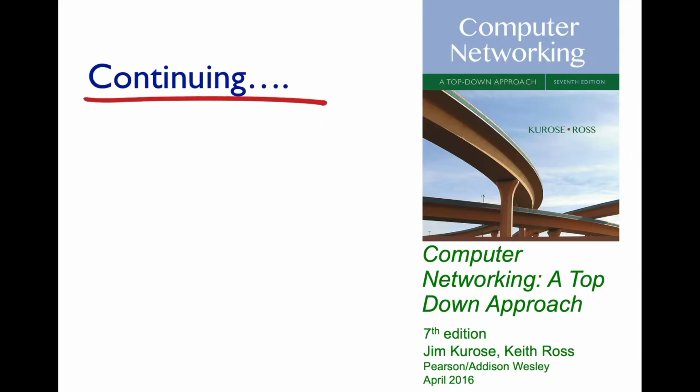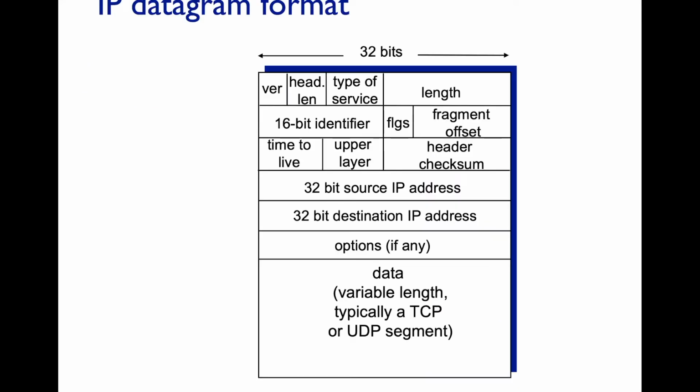Okay, and they're reassembled. So continuing on, when we had the IP header, we talked about, among other things, these 3 fields. There's a 16-bit identifier, and that identifier is used to tag or identify the larger datagram that the fragment started out as. Each one of these fragments is a piece carved out of that larger MTU-size datagram, so you need some way of identifying which datagram it started out as.